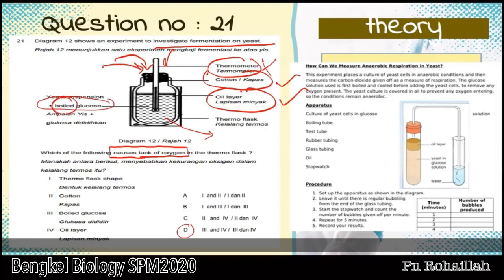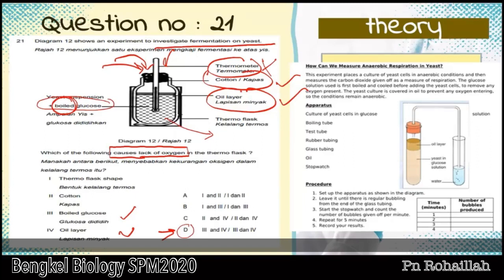Kenapa kita boil? So when you boil, you remove the oxygen. Okay, jangan kata H2O tu, bukan. You tak remove yang oxygen yang H2O tu, but there is the oxygen yang dalam water tu been trapped, so you remove. So you boil the water. So the answer is the boiled water and also oil layer. So the answer is D.